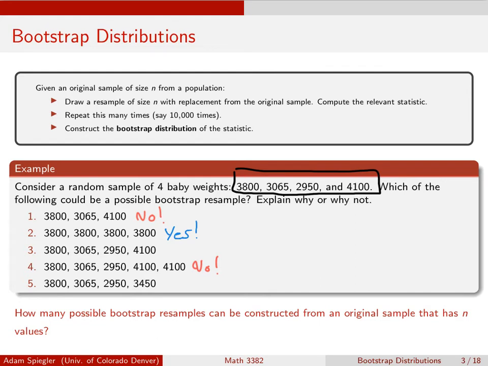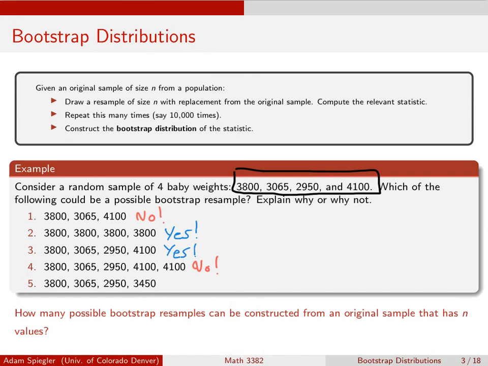Looking at the next one, we pick 3,800 first, put it back in, then pick 3,065, put it back in, then 2,950, and then 4,100. This is actually the same exact sample that we started with, so it is possible that we could pick a bootstrap resample and get the original sample back. We've got 4 values, and each of those was in the original sample, so that's possible.